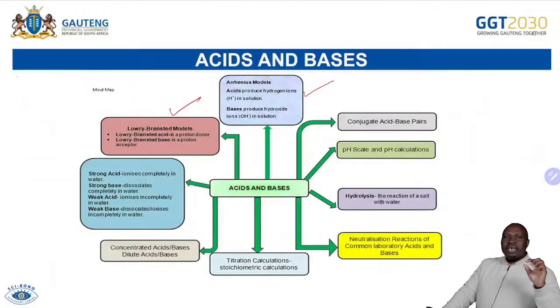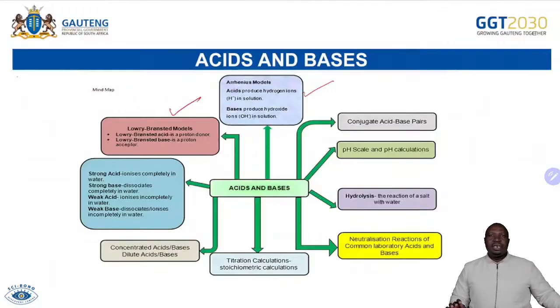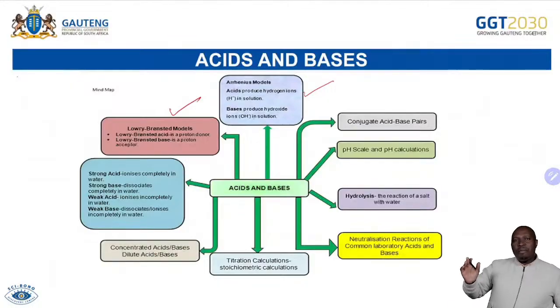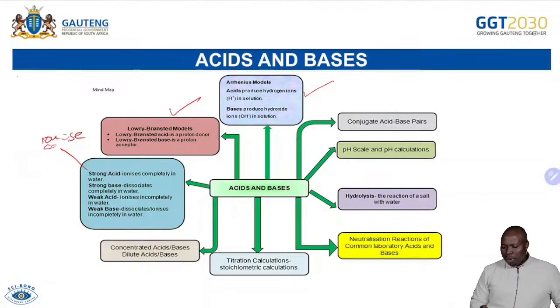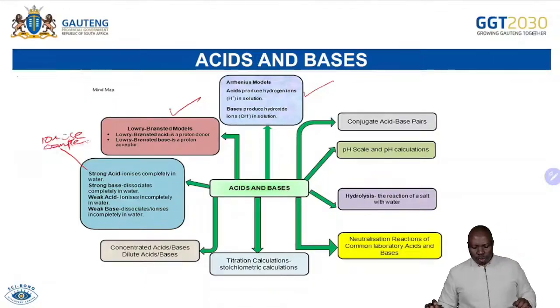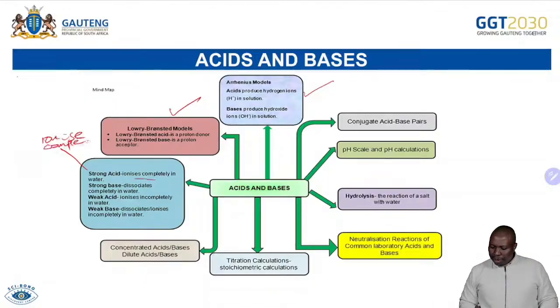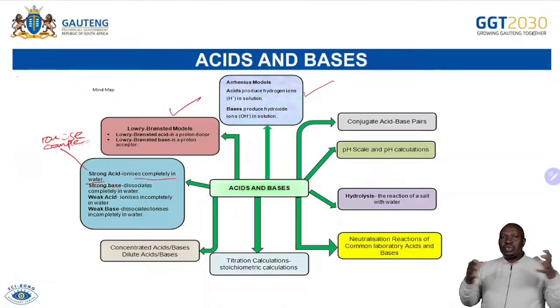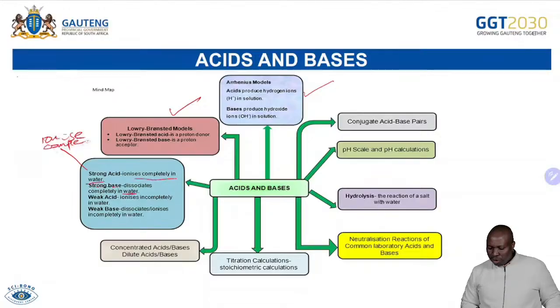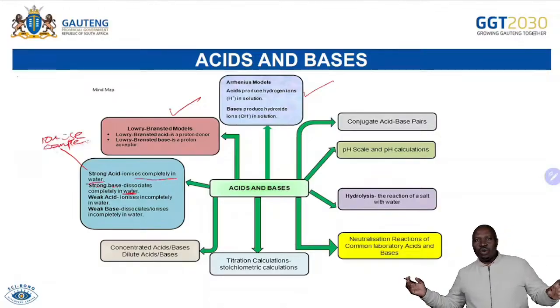Remember, a strong acid ionizes completely in water, or in aqueous solution, to form a high concentration of hydronium ion, whereas a strong base dissociates completely in water to form a high concentration of hydroxide ion.